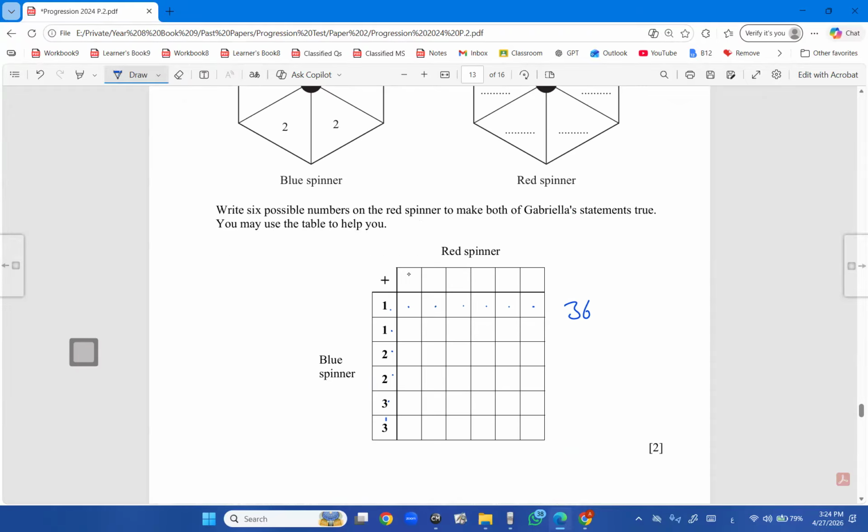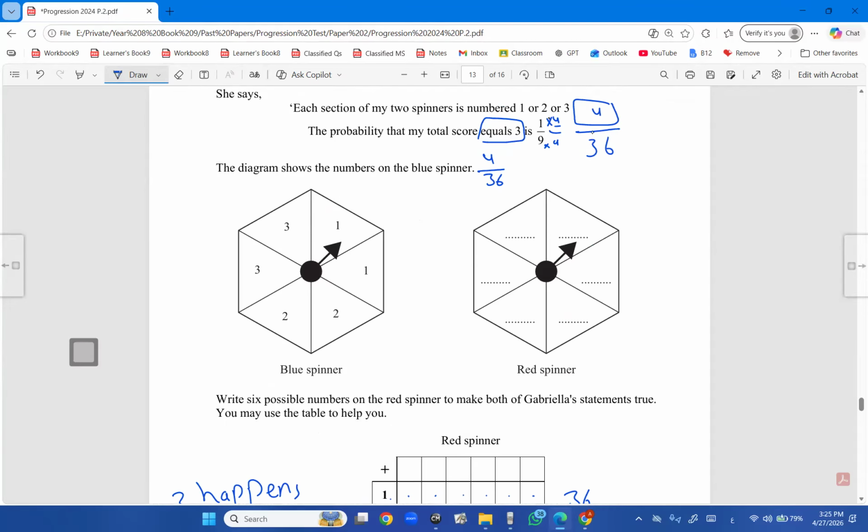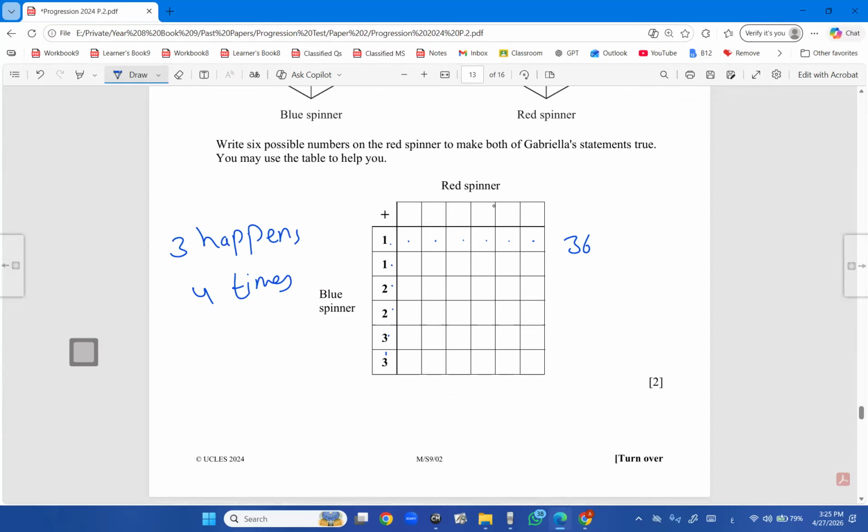So the 3 happens how many times? The 3 happens 4 times. How did I know that? Again, 1 over 9 is equivalent to 4 over 36. So the 3 will happen 4 times out of the 36 times.